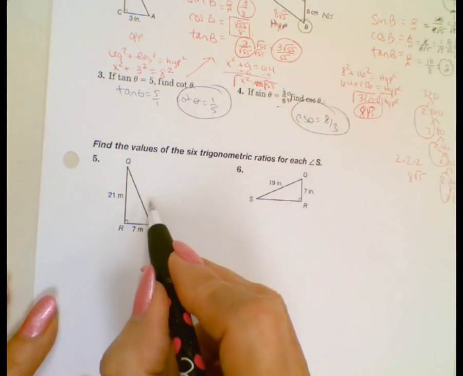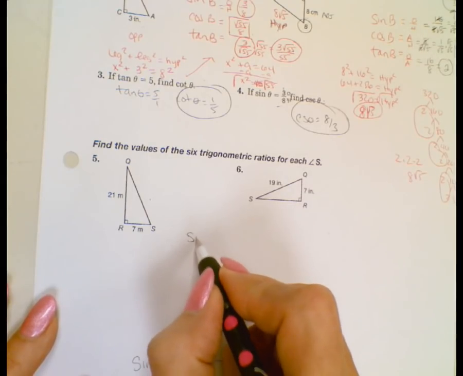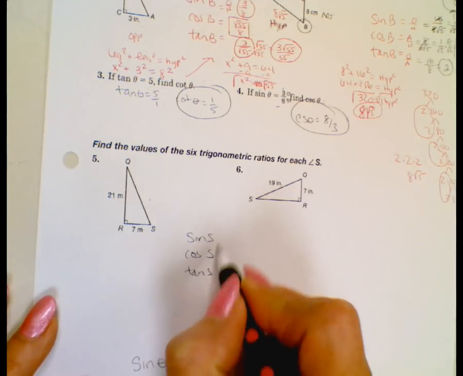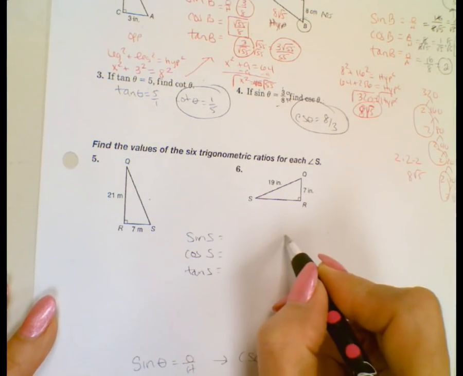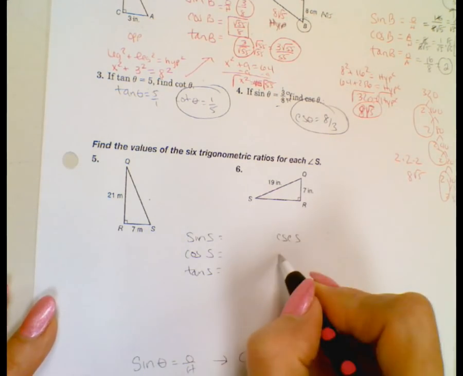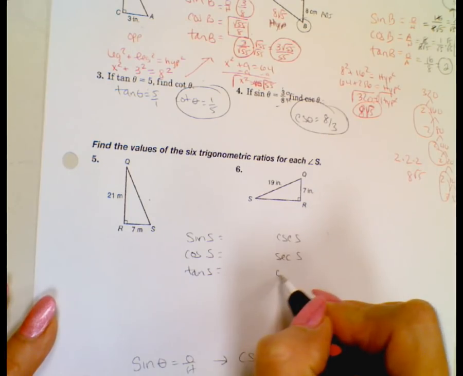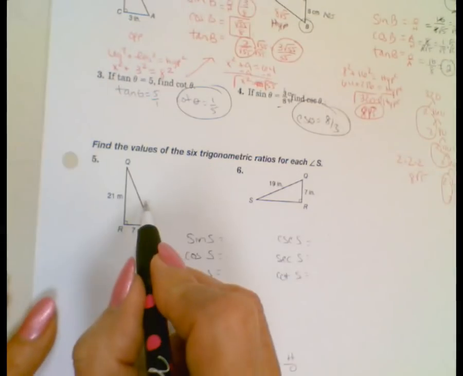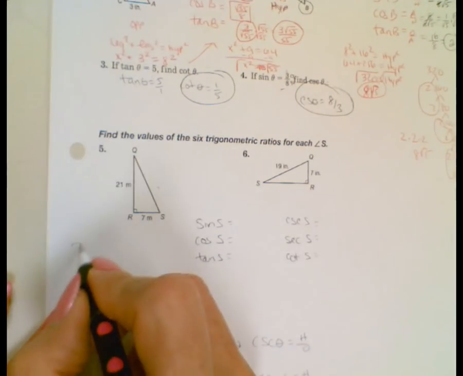For this one, we have to find the hypotenuse. We want sine of S, cosine S, tangent of S, and then we want the reciprocals: cosecant of S, secant of S, cotangent of S. We want those 6. But first you have to find the hypotenuse. So we have our legs.